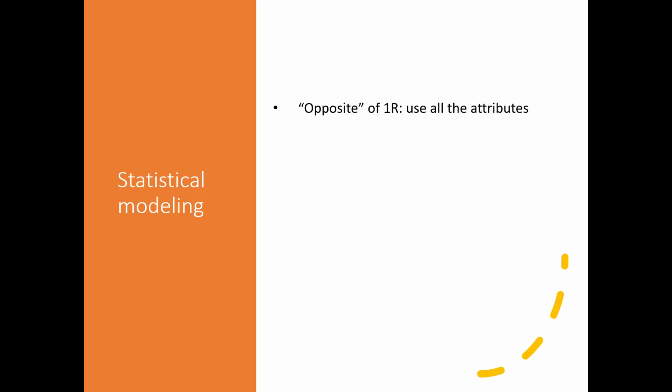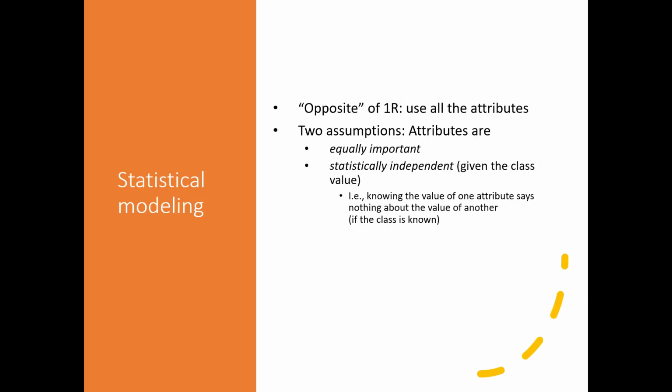Instead, here we can consider all the attributes. But there are two assumptions. Usually, the first one is that they are equally important, and then they are independent of each other. Here, independent means statistically independent, right?